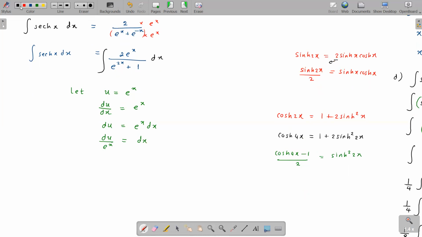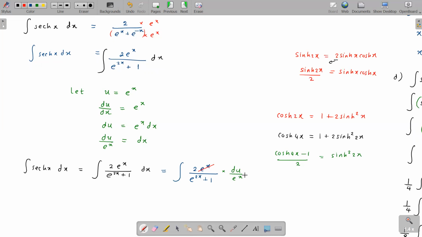Let's substitute now. Let's go back to the sum, integration of sech x. I have 2 e to the x over e to the 2x plus 1 times dx. So let's input the values. 2 e to the x. First, I'm not going to replace these immediately. So dx is now replaced as du over e to the power x. What happens?